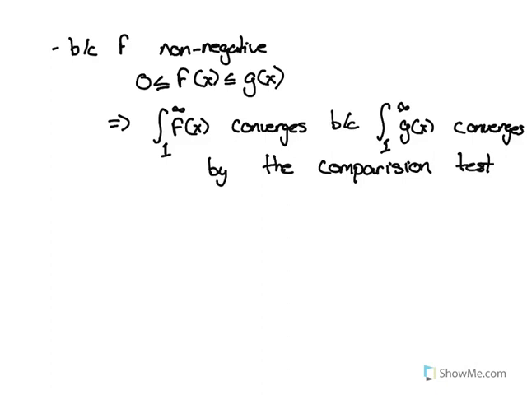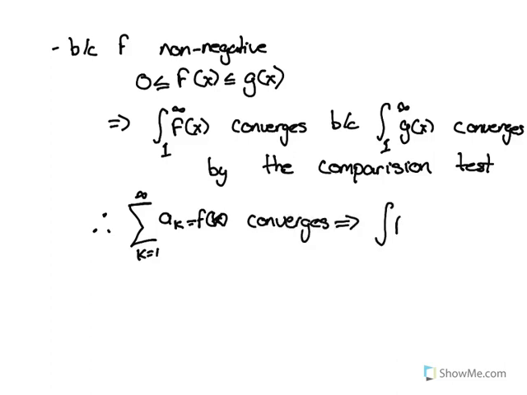So therefore, we have done one side of this theorem. The series ak, k equals 1 to infinity, where ak equals f of k, converges implies that the improper integral of f of x from 1 to infinity converges.